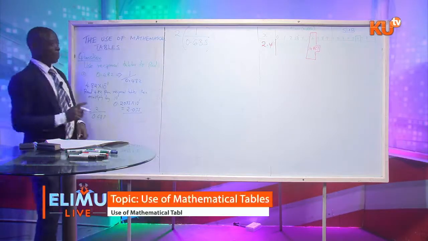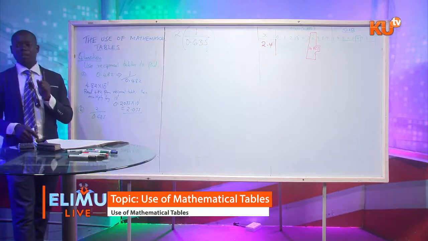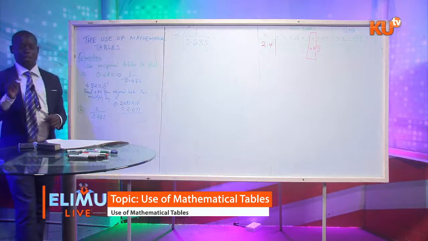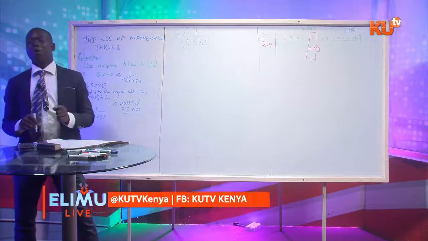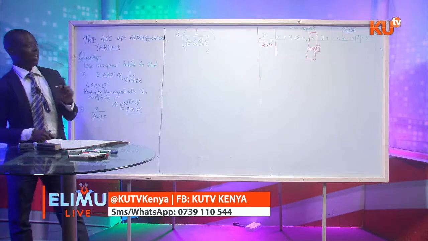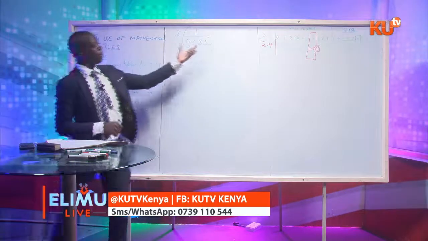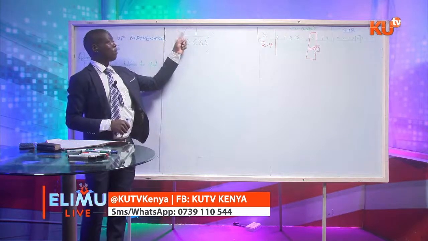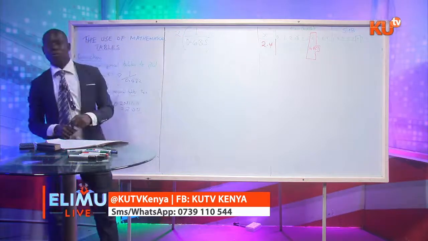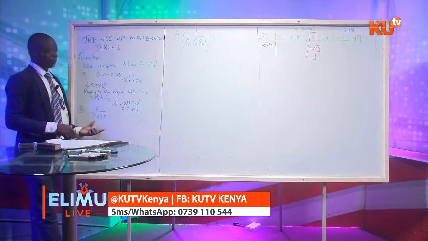In simpler terms, when you have a fraction whose numerator is more than 1, to find the reciprocal, simply find the reciprocal of the denominator and multiply it by the numerator. Then we shall have found the reciprocal of the whole number.